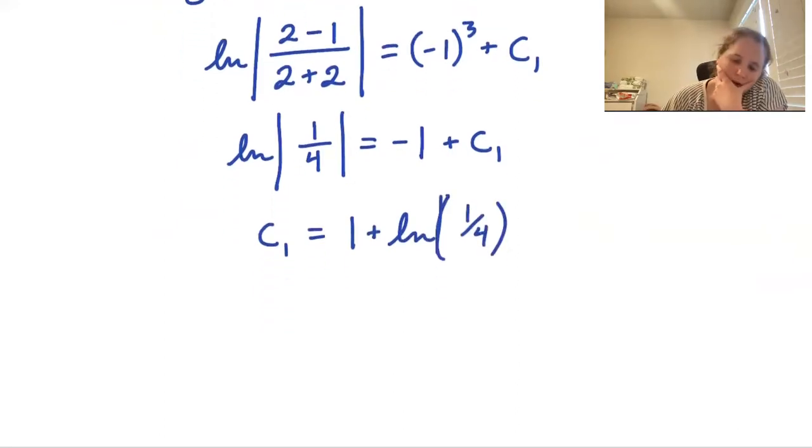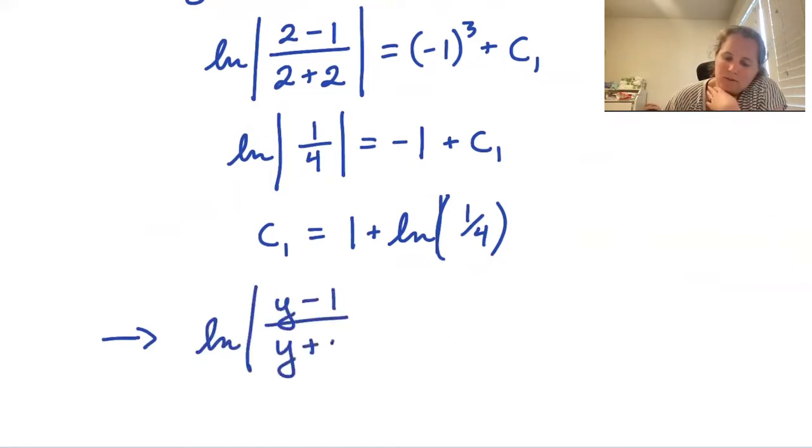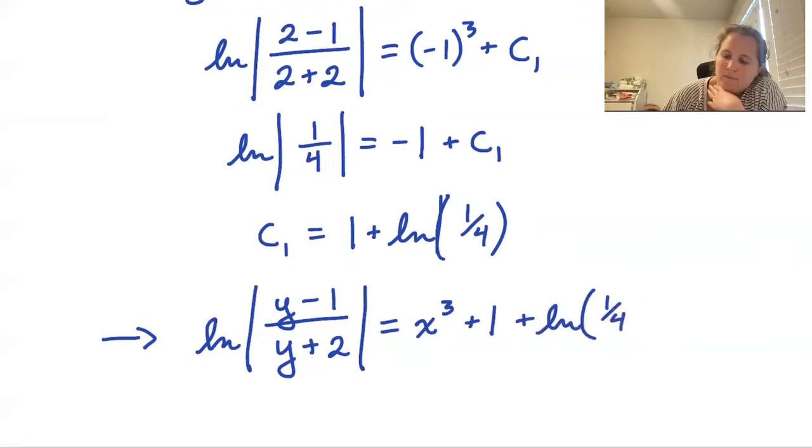So going back to our original equation, we have the natural log of the absolute value of y minus 1 over y plus 2 is equal to x cubed plus 1 plus the natural log of 1/4.